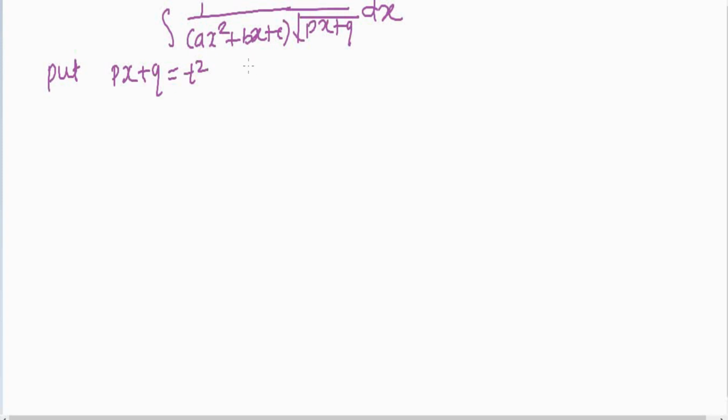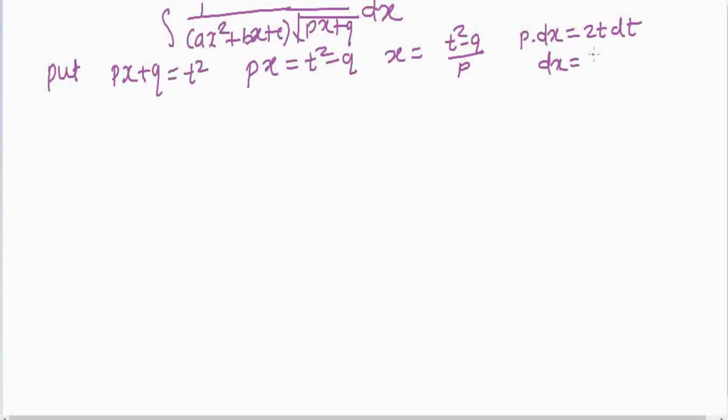Then you can see that we have px equal to t square minus q and x equal to t square minus q divided by p, and p into dx equal to 2t into dt, dx equal to 2 divided by p, t into dt.